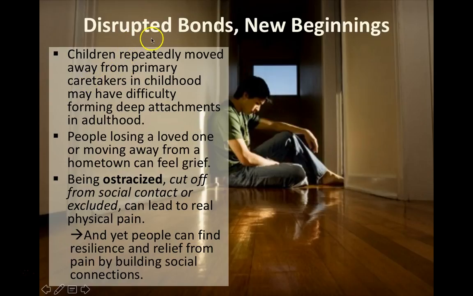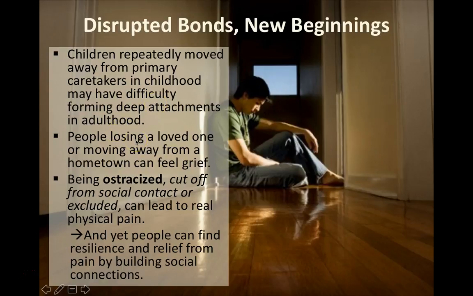We saw this in developmental psychology: attachments need to form in a positive, satisfactory, comforting way, and when they don't, we run into problems as human beings. Children who are repeatedly moved away from their primary caretakers in childhood may have greater difficulty forming deep attachments in adulthood.